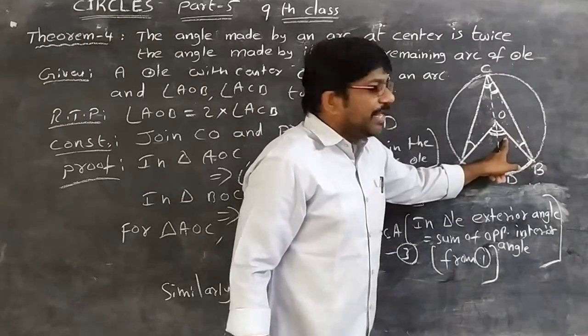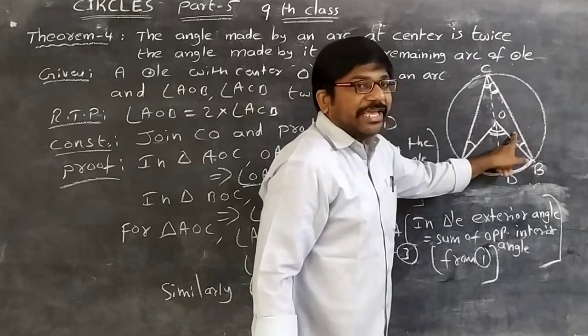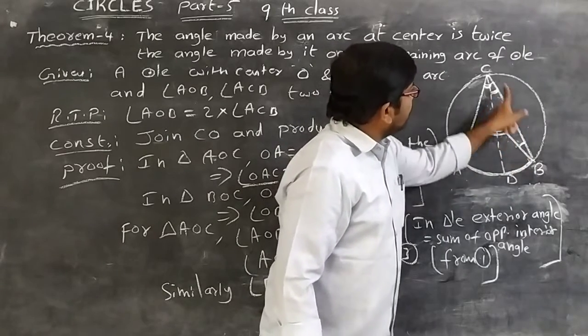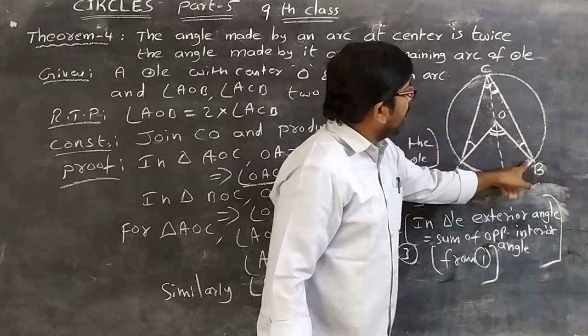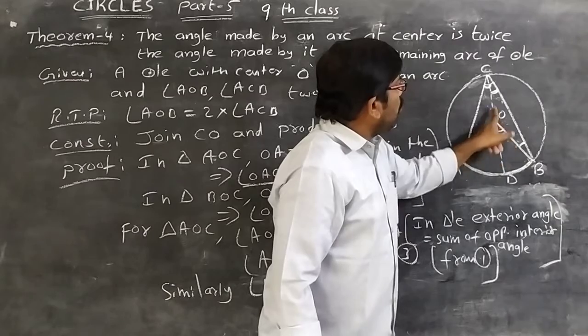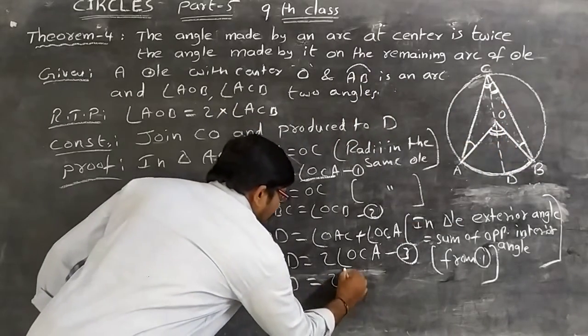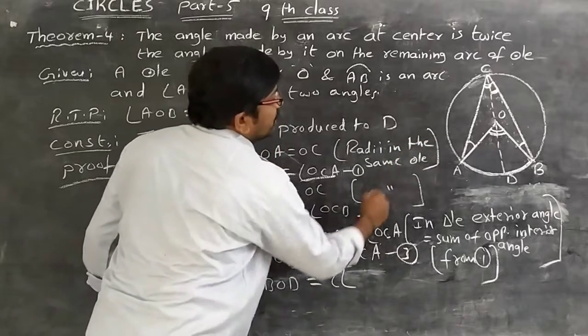For this triangle, BOD is an exterior angle, equal to the sum of the opposite interior angles, angle OBC and angle OCB. That means it can be written as 2 OCB, right? Angle BOD is equal to 2 angle OCB.